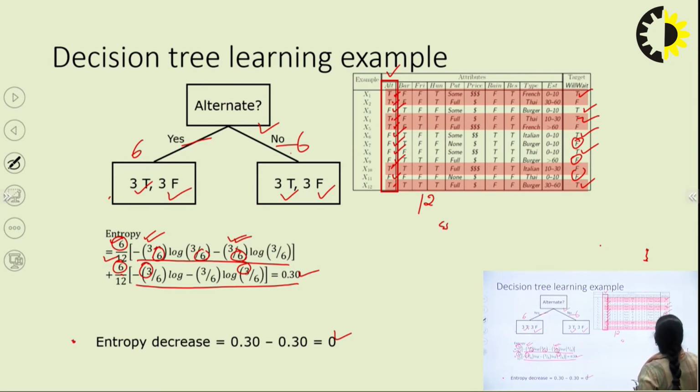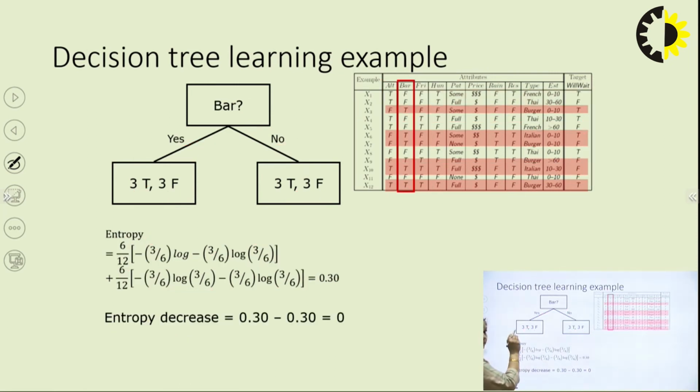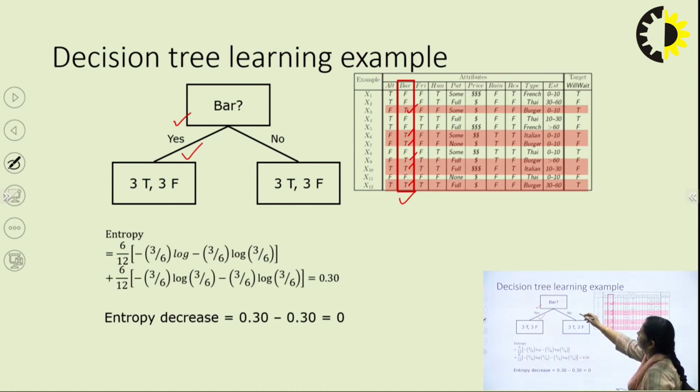Now for another variable. What is the other variable? Bar. This second one is bar. Here again, 1 true, 2, 3, 4, 5, 6. Again 6 are true and in the same way 6 are false.